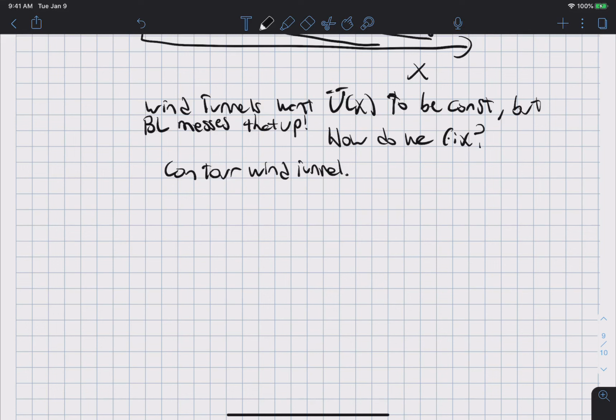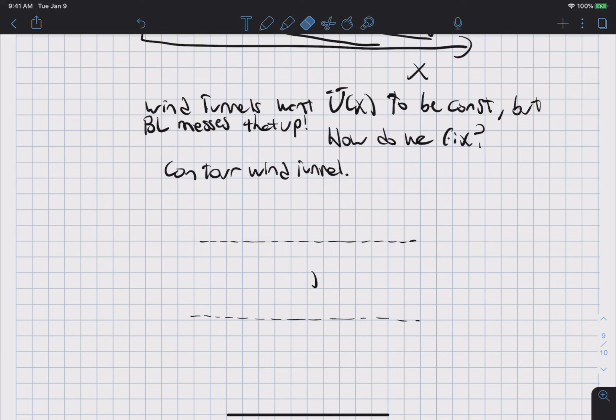Okay, and so essentially, if you consider delta star, they define the walls of the wind tunnel such that if they consider the displacement thickness, that h of x, or that the effective area is constant.